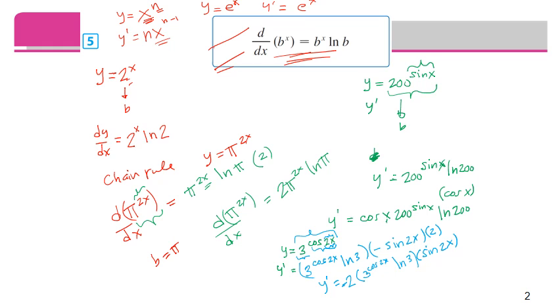Okay, or maybe you can bring the sign before the one. Y prime is equals to negative 2 sine of 2x times 3 to the cosine of 2x ln of 3. Okay, so pasensya sa hiwi-hiwi na agi.